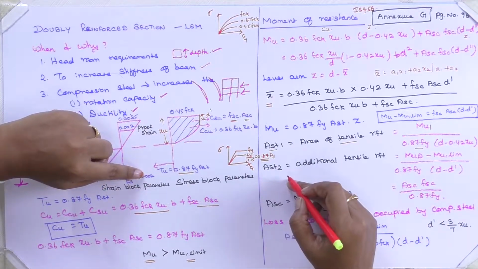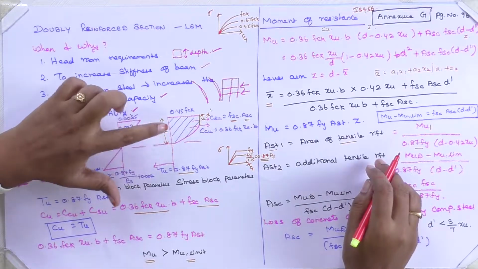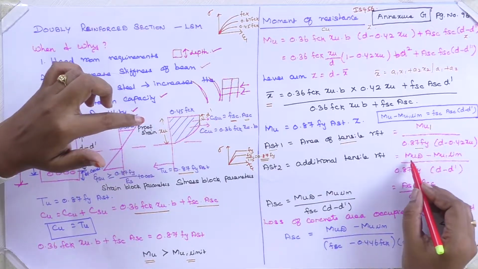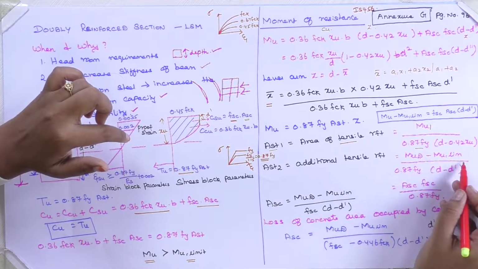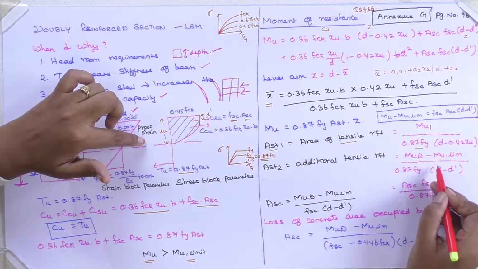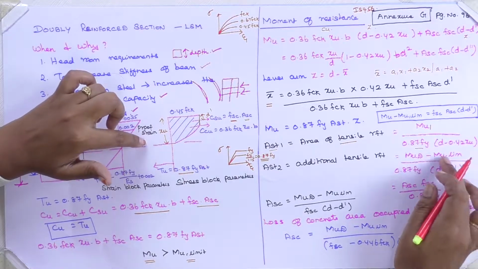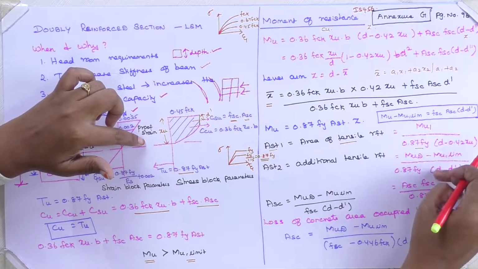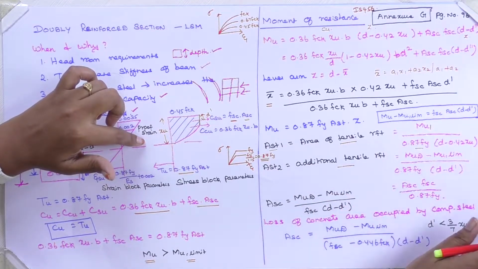Then Ast2, that is the additional tensile reinforcement to counteract your compression steel. So Mu actual minus Mu limit divided by 0.87 fy (d minus d dash). This is to counteract my compression steel. From this formula I can calculate Ast2, that is my additional tensile reinforcement.